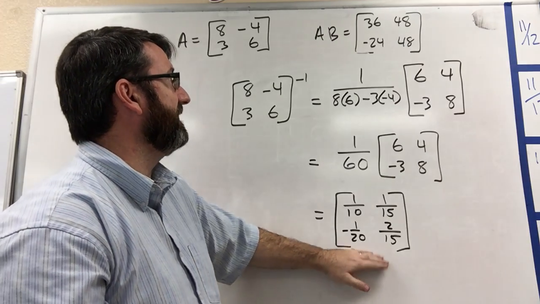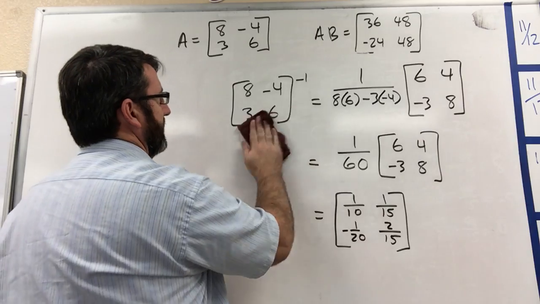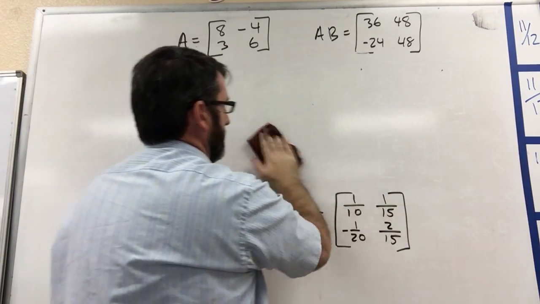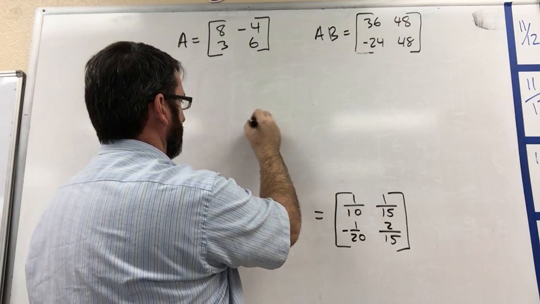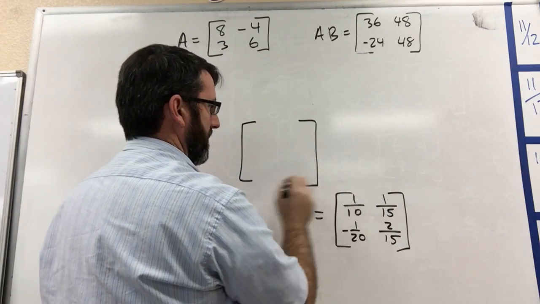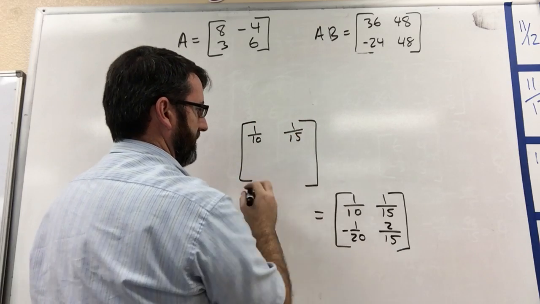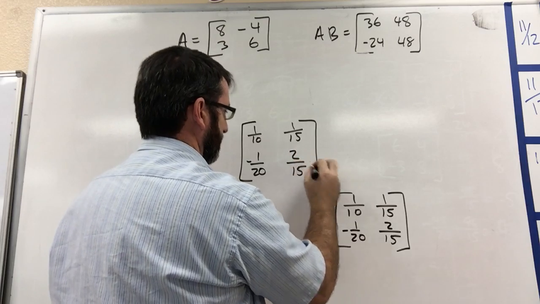And we need to multiply this times AB to get B. So let's erase this, make some room. I'm going to put this matrix up here. So this 1/10, 1/15, negative 1/20th, and 2 over 15.